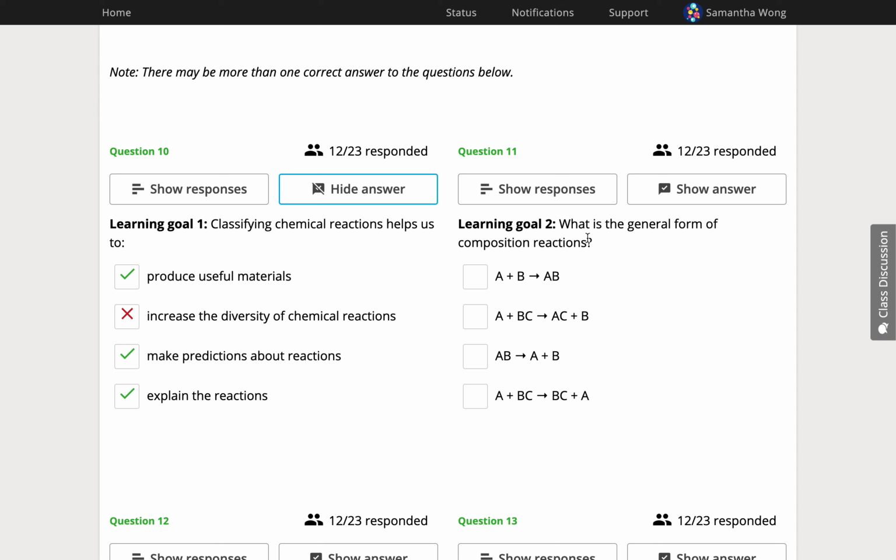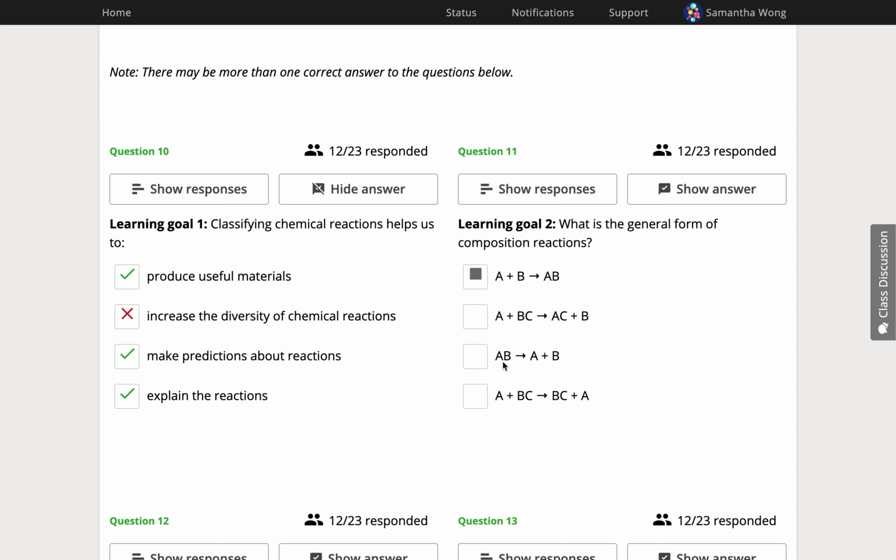Question 11. What is the general form of a composition reaction? Remembering composition means combining together. So we've got option A plus B gives you AB. That looks about right. Let's tick that for now. Could it be A plus BC gives you AC plus B? Well, no, because that is an example of a single displacement reaction.